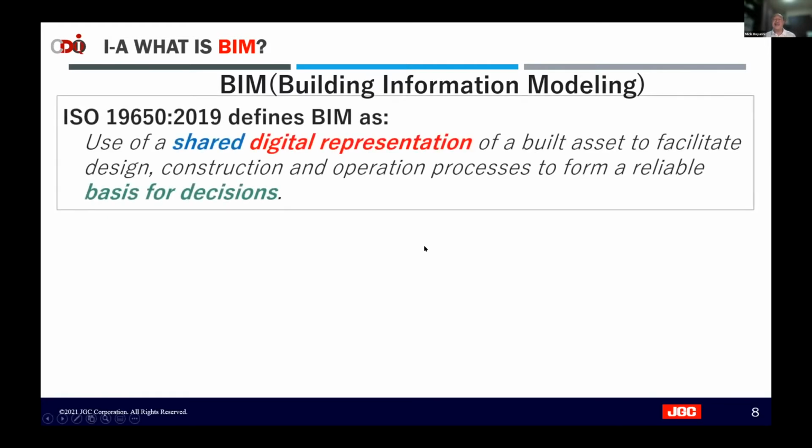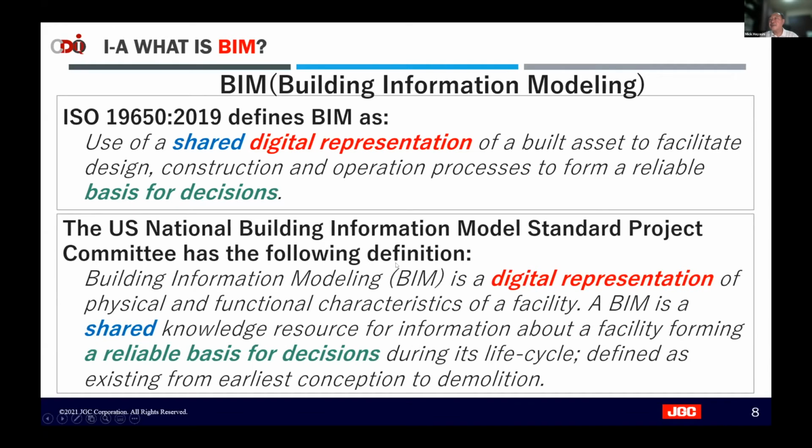Right, so I start with very official definitions. ISO 19650 defines BIM as use of a shared digital representation of a built asset to facilitate design, construction, and operation processes to form a reliable basis for decisions. On the other hand, the US National Building Information Model Standard Project Committee has the following definition.